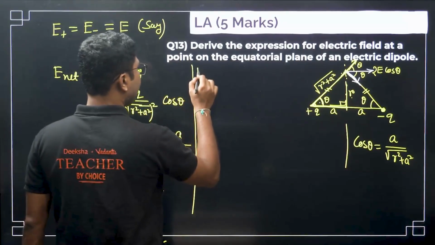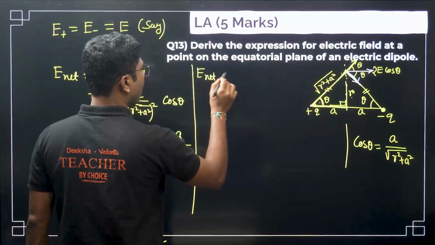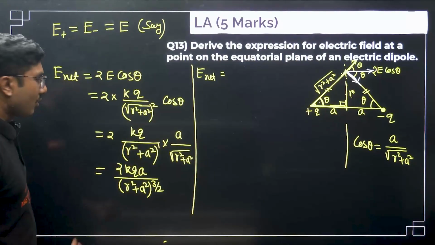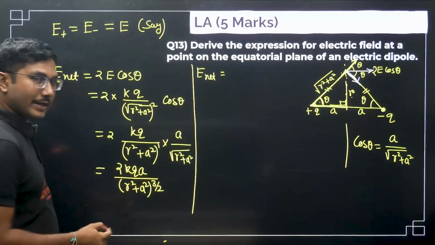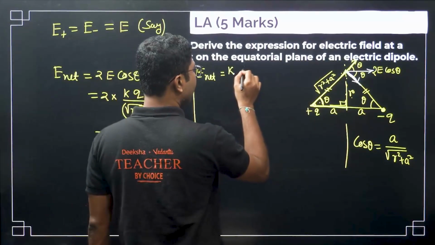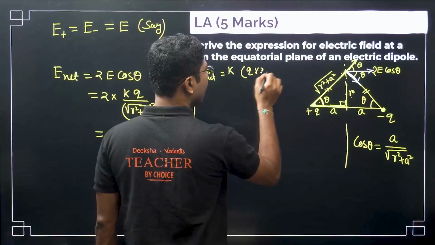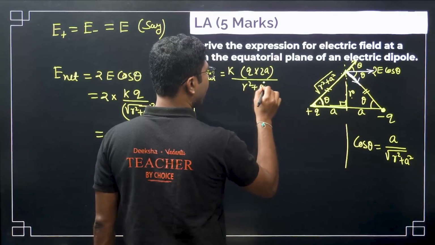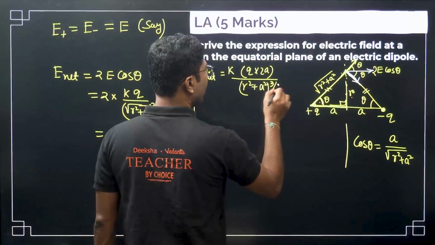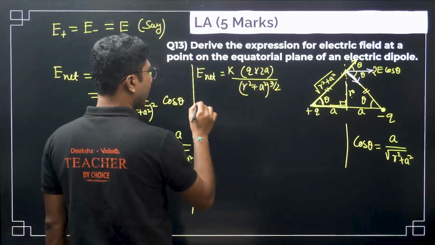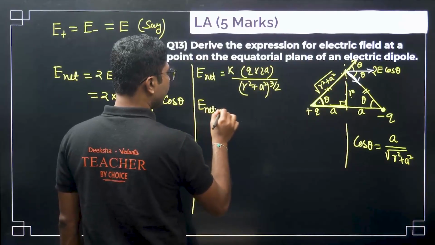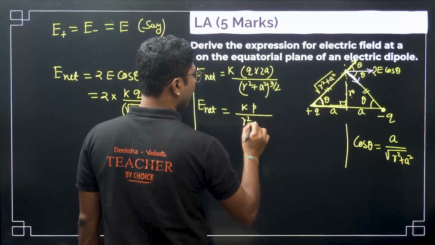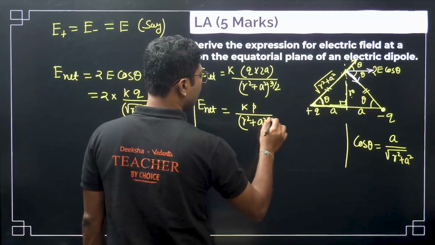So the net electric field will be, first let me put that 2kqa so that it is simplified: k into q into 2a divided by r square plus a square to the power 3 by 2. Now q into 2a, we already know, we have done it in the previous derivation, that is the dipole moment, p, by r square plus a square to the power 3 by 2.